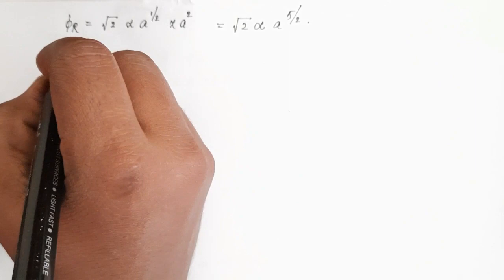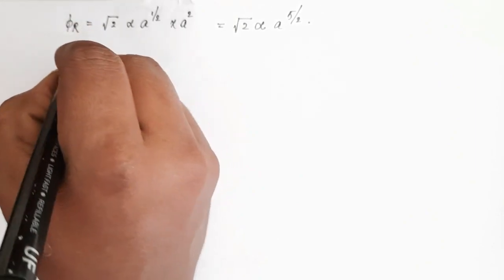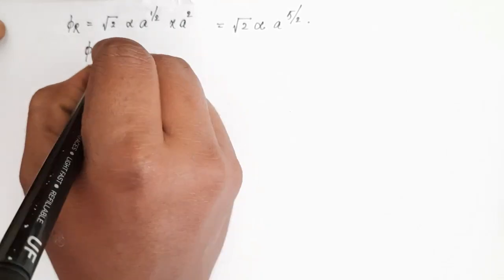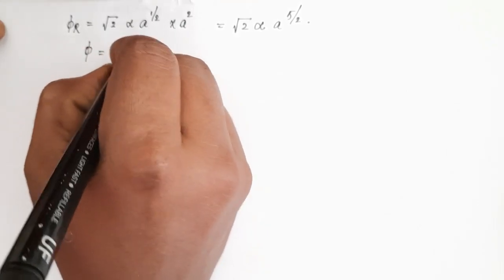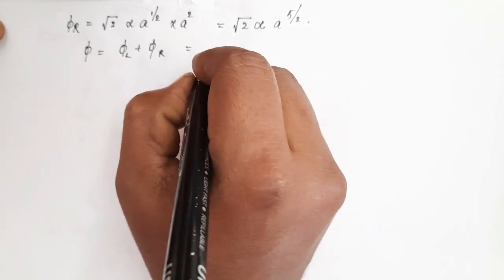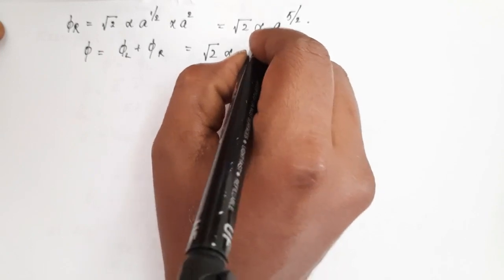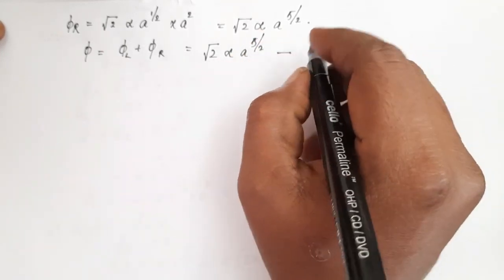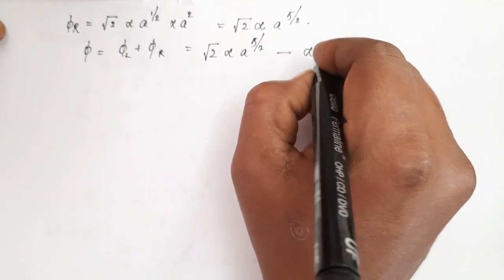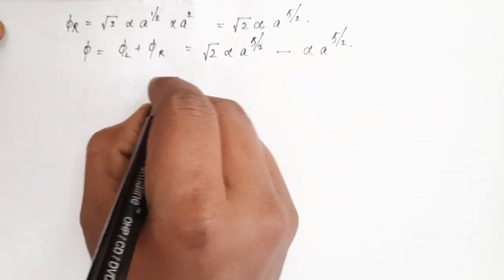So what will be the total flux? Total flux phi is equal to phi L plus phi R, that is root 2 alpha a raised to 5 by 2 minus alpha a raised to 5 by 2. So this is the expression for total flux.